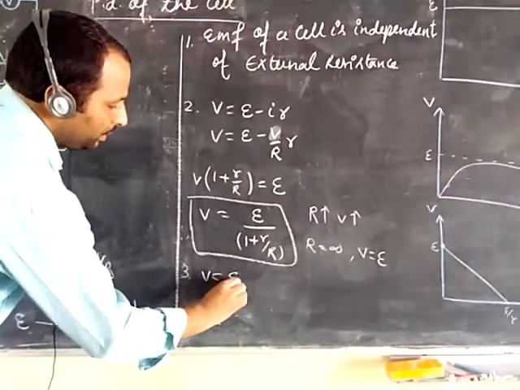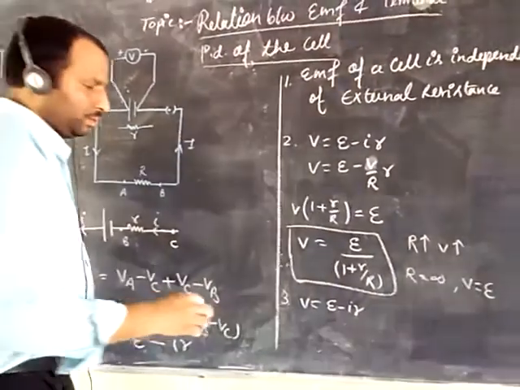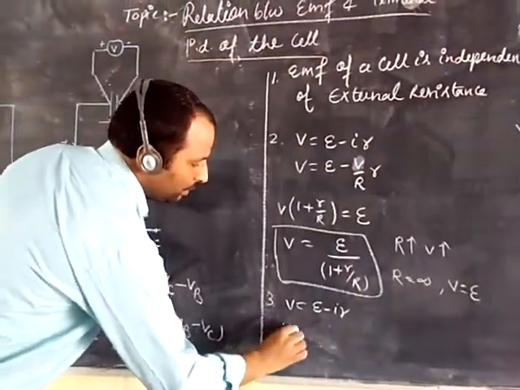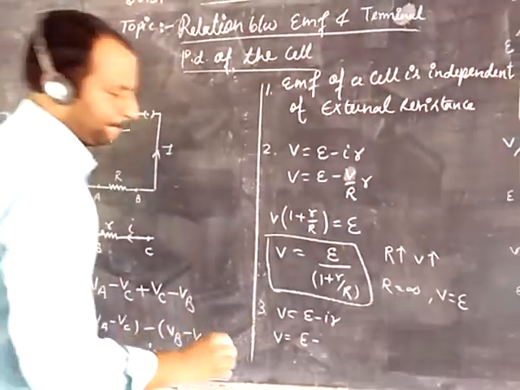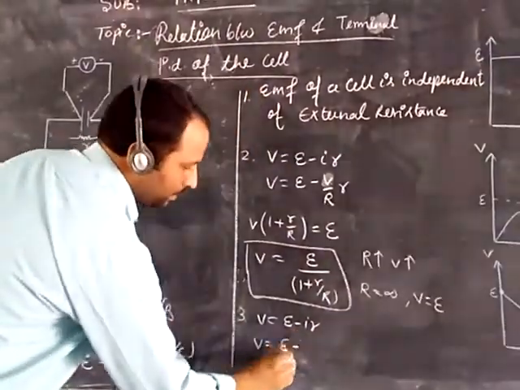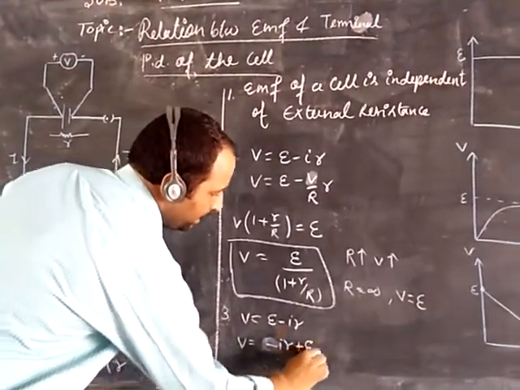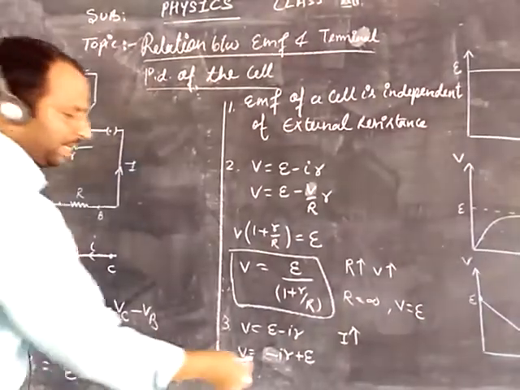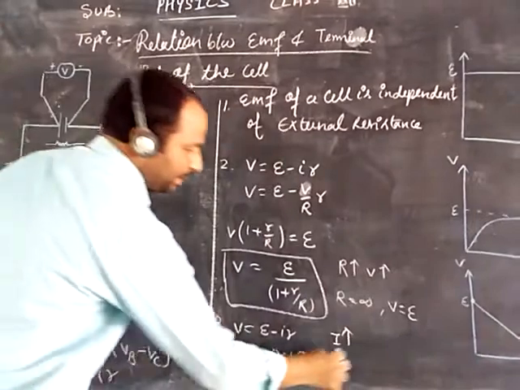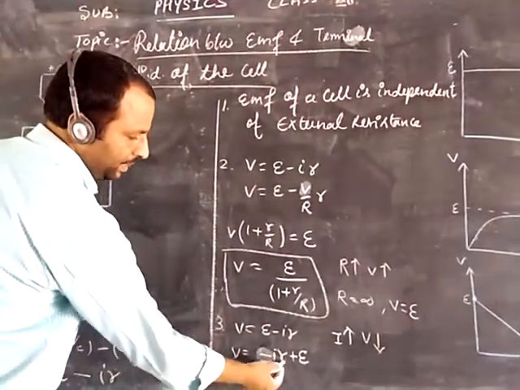Now the third part: V is equal to E minus I into r. So can we write it like this: V is equal to minus r times I plus E. Here as the current increases, V will decrease, as seen from minus I into r.